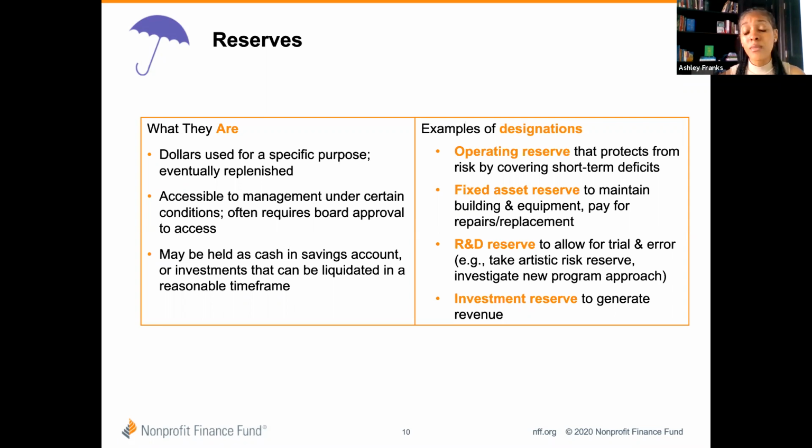COVID is an example of that for many organizations who had saved for years and then experienced a sudden loss of income for months or a year and had to spend down reserves. Generally with reserves, after you spend down, you stabilize again over time, and then you begin to replenish that reserve pool over the years. Whereas it's understood with working capital that the balance will be going up and down. So I hope that distinction is clear.